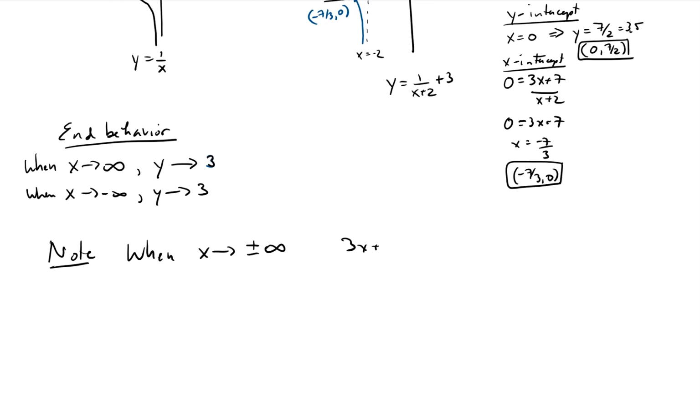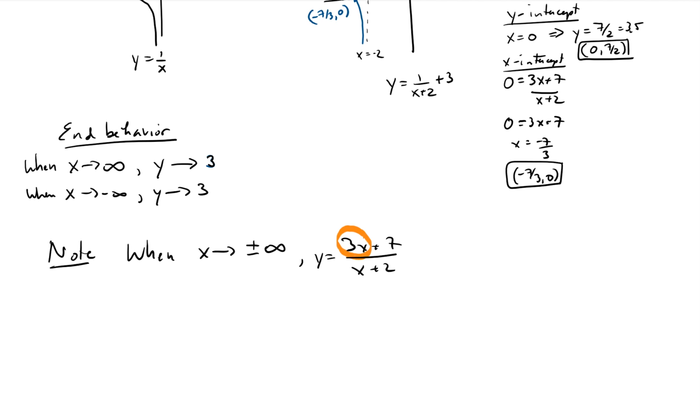If we look at (3x plus 7) over (x plus 2), which is our y, the numerator is 3x plus 7. Imagine x is a million. If you replace x by a million, you get 3 million plus 7. So 7 is almost insignificant proportionally to 3x. So 3x completely dominates your numerator.